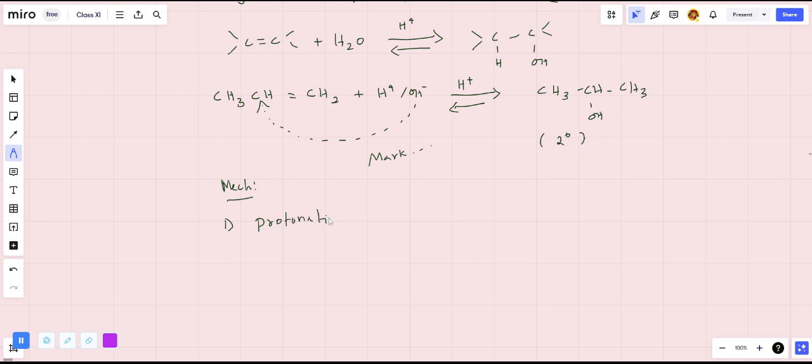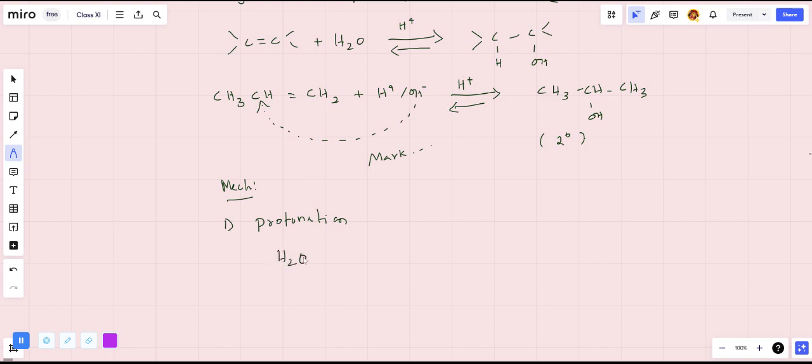That means the formation of the carbocation takes place by electrophilic attack of water. So first, before it attacks, how does the water change? Why are we using this acid? We will see that.